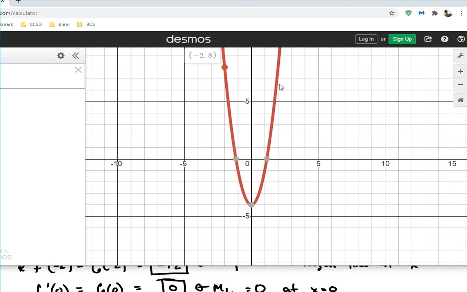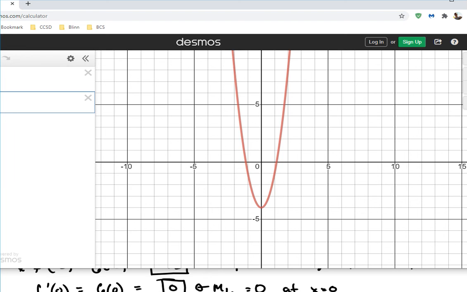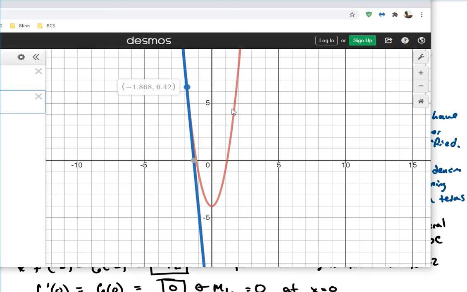So at negative 2, 8, I would have that slope of negative 12. Let me plug that in real quick. So y minus, and we'll show how to do this very soon. So that is the equation there that has the slope of negative 12.